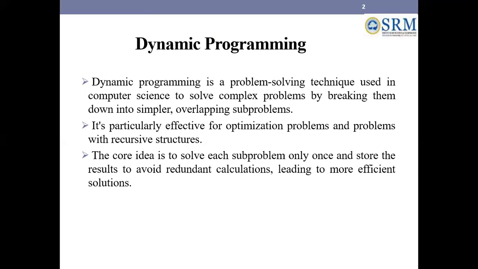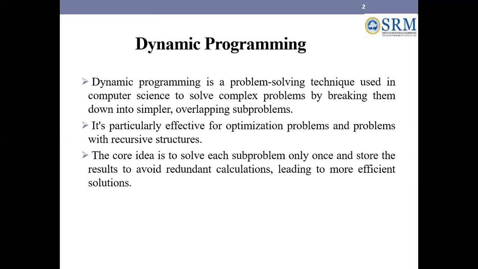For example, profit; in the knapsack problem, we are finding the most valuable subset. And a minimization problem, finding the shortest route in the traveling salesman problem. The cost should be minimized or the time should be minimized. So to solve these types of optimization problems, we can use the dynamic programming concept.